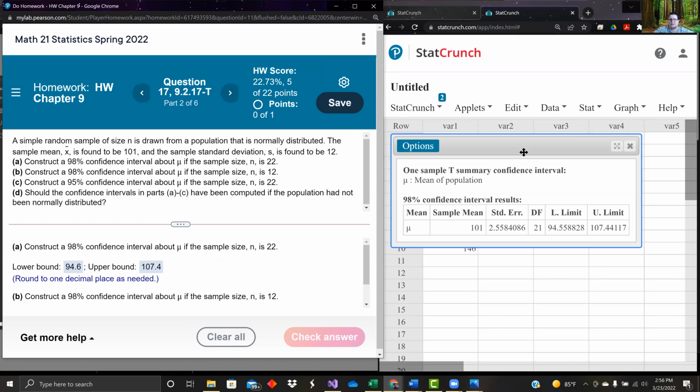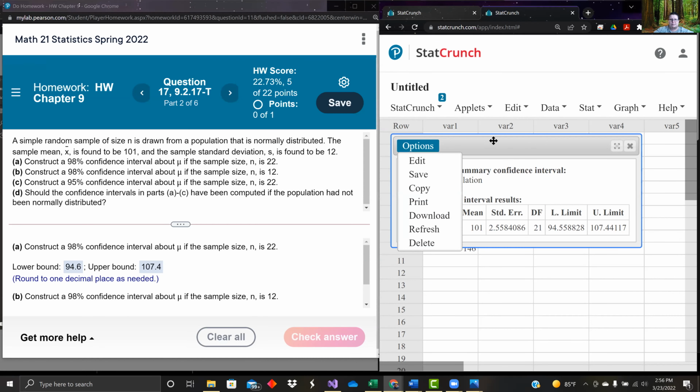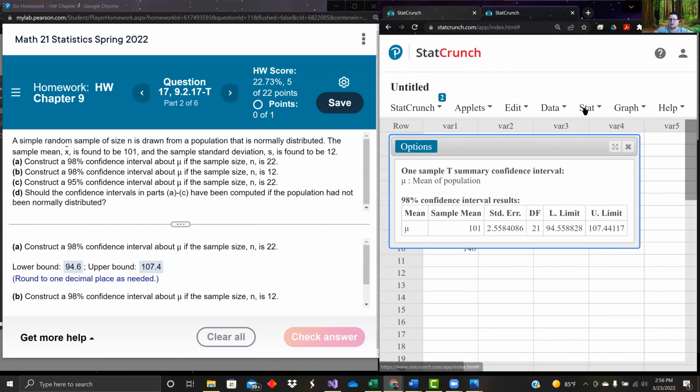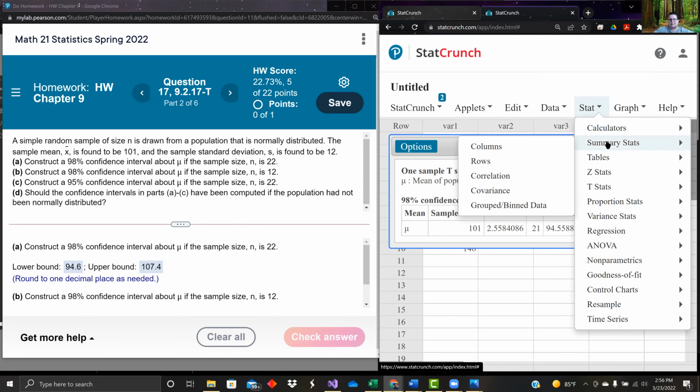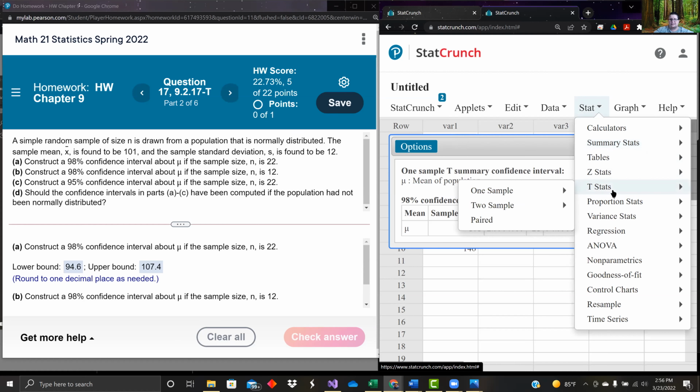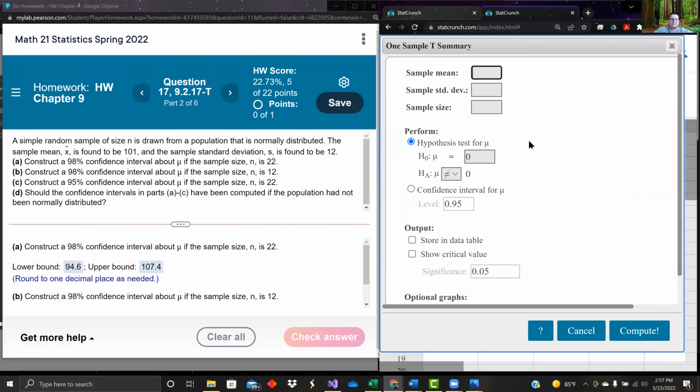B says redo this. So I'm going to go stats, T stats, one sample with summary. And I would normally just edit the other one, but I wanted to make sure you see it a couple times. That is not 191, that's 101.